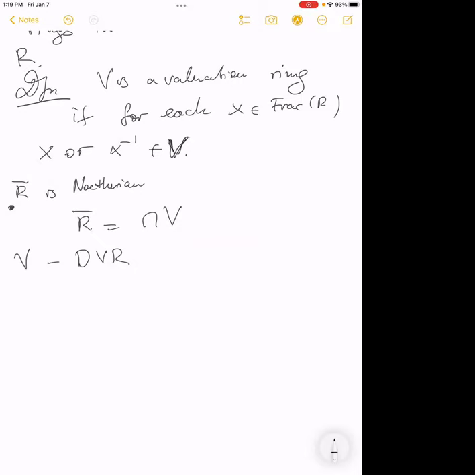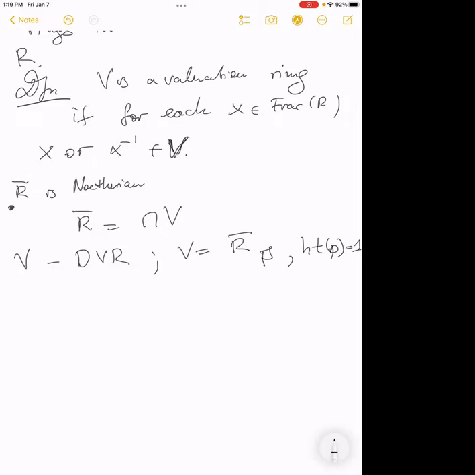And furthermore, these V's have a special form. These V's are the localization of R bar at height 1 primes. Okay, so you localize R bar at a height 1 prime, you get a discrete valuation ring.